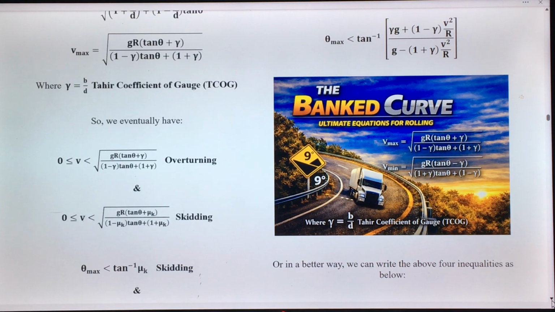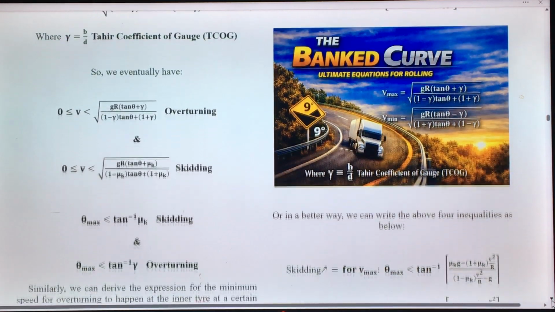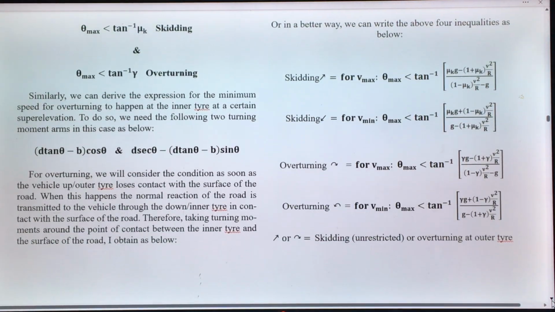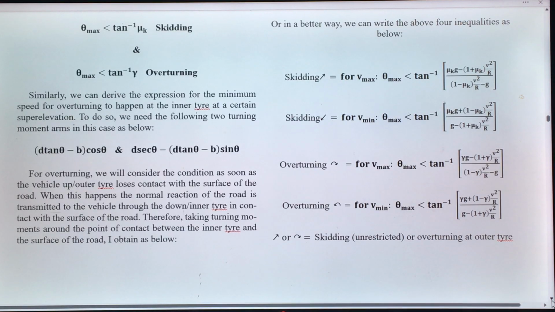Or in a better way, we can write the above four inequalities as below. For skidding, up tire, for Vmax, theta max less than tan inverse. For skidding, downside, towards the down tire, for V minimum, theta max less than tan inverse. Overturning on the upper tire, for Vmax, theta max less than tan inverse mu.